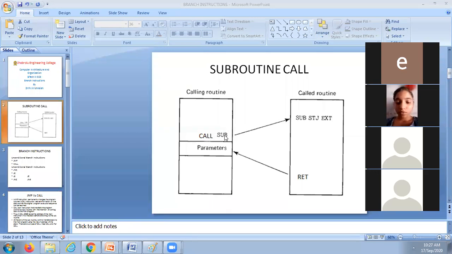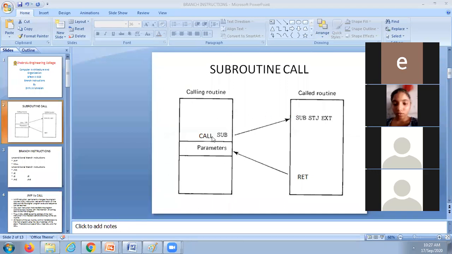Here, this call sub. Before transferring the control from the main program to the subprogram, all the status of the program is saved.